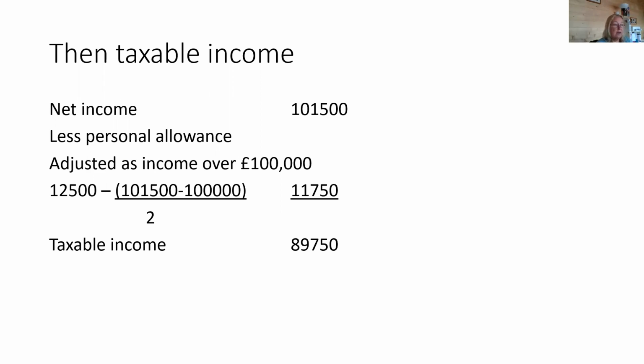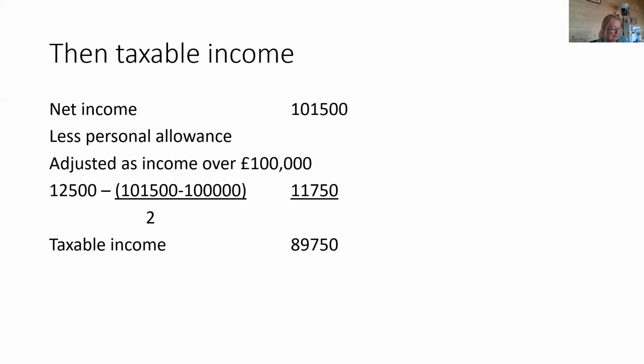So the way that we do that is we take the amount he's earned, £101,500, minus the £100,000 cap, and divide that by 2. So 12,500 minus that figure gives us 11,750. So his personal allowance is reduced from £12,500 to £11,750.